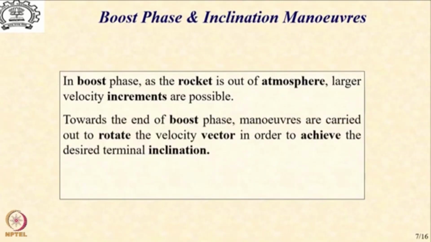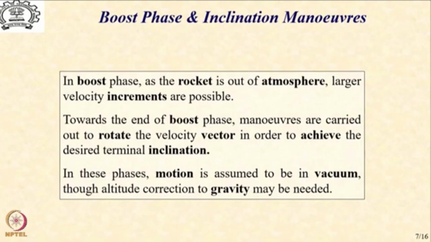Towards the end of the boost phase, maneuvers are carried out to rotate the velocity vector in order to achieve the desired terminal inclination, and this is where you will require some kind of maneuver or control over the trajectory.